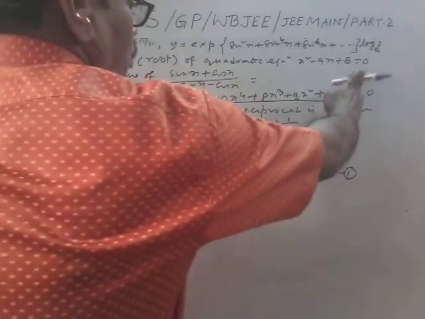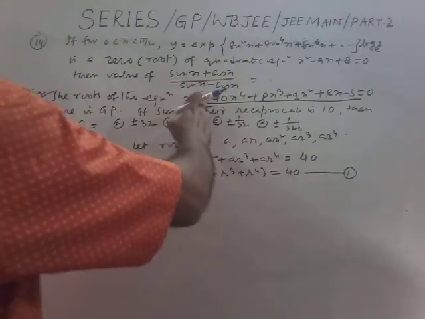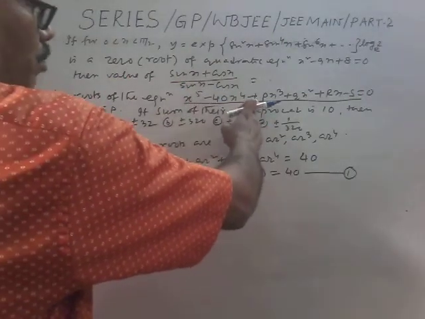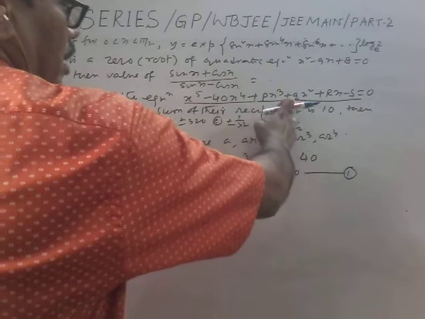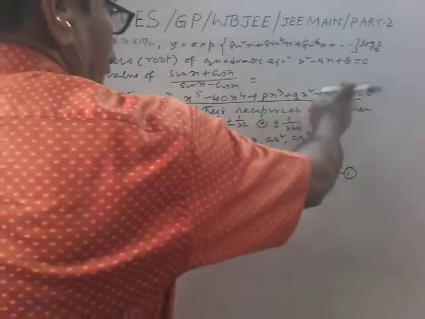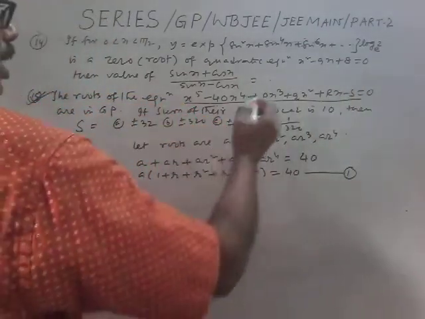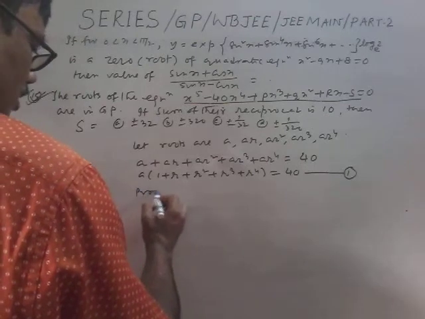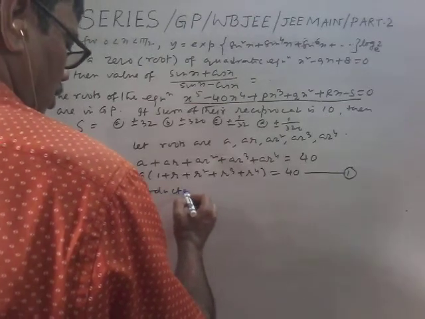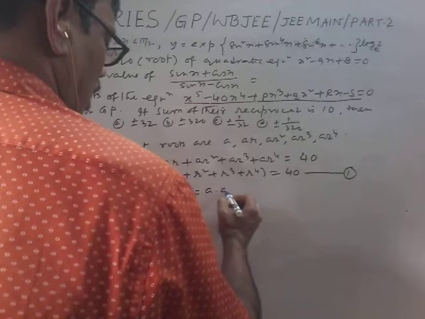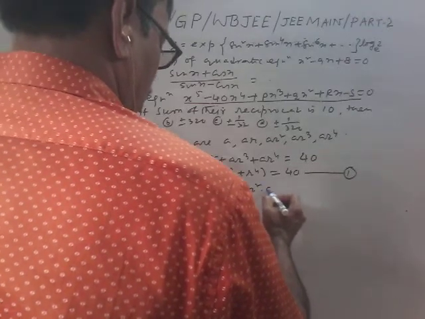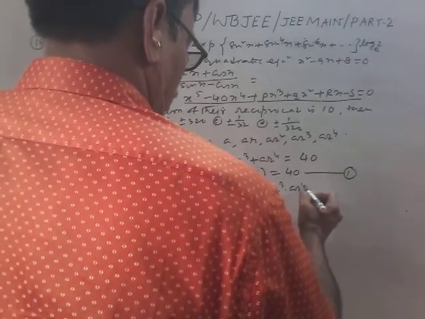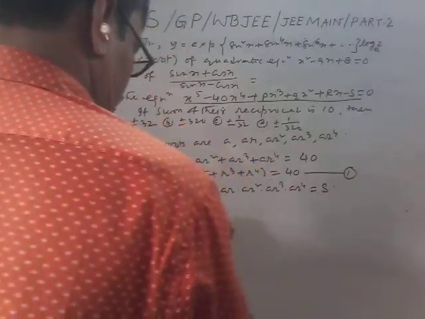S is, you look, the product of the roots. So this is minus, taking 2 at a time plus, taking 3 at a time minus, then plus. So the product of the roots: A, AR, AR square, AR cube, AR to the power 4 equals capital S.